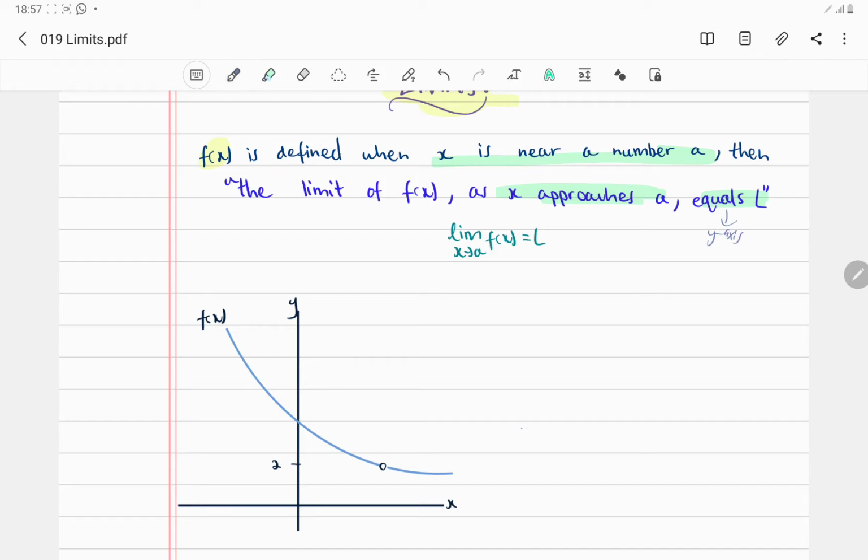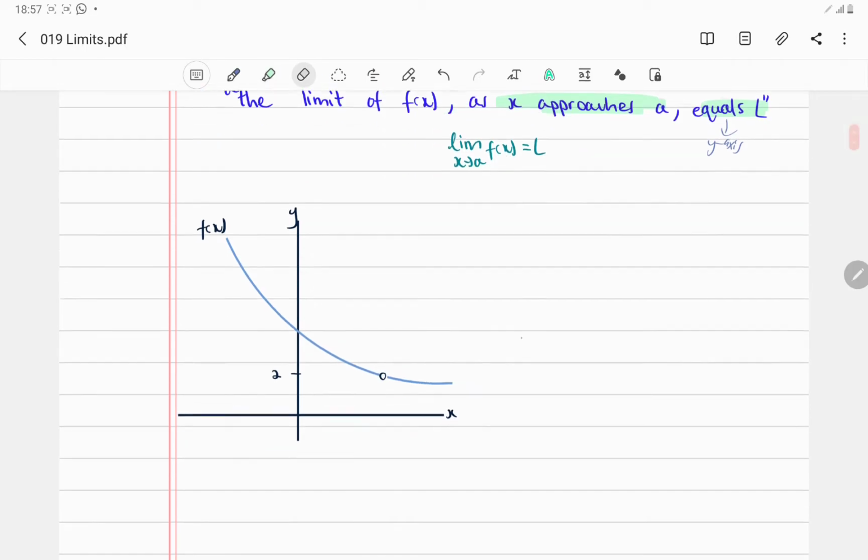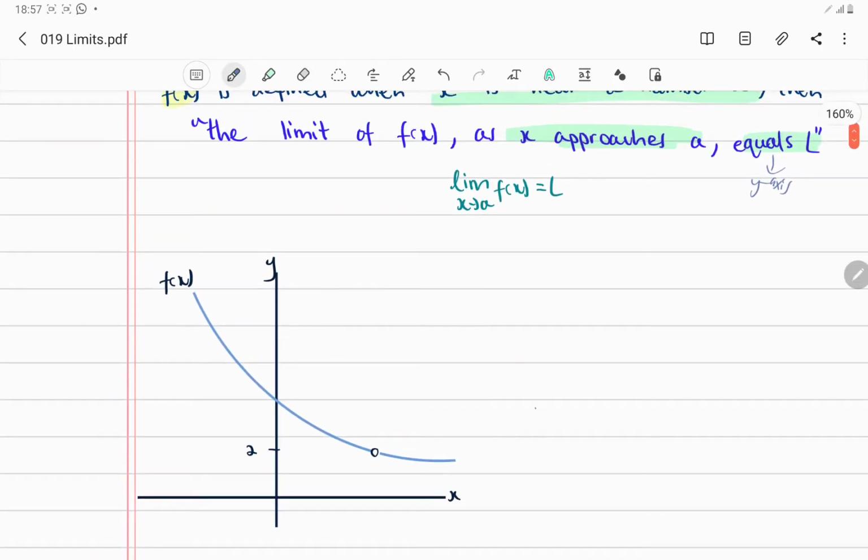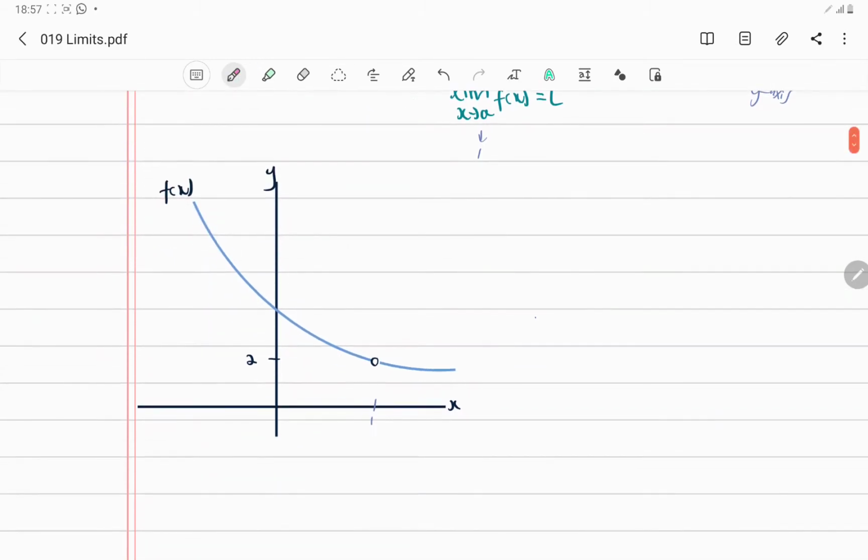Yes, so this is the notation we write. The limit of f of x as x approaches a is equal to L. So example here. A is basically our 1 in this example. So as x approaches 1, which is a, from either side, the left or the right, then our function f of x is going to approach 2.